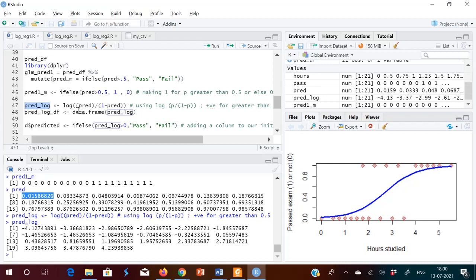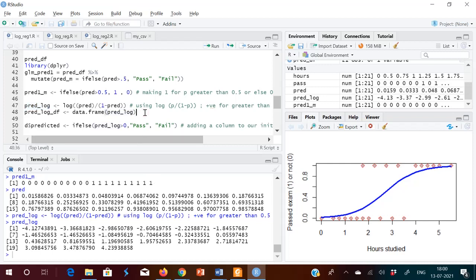So here I am going to calculate using the log. PRED underscore log has some negative values and positive values. Negative values correspond to all p values less than or equal to 0.5, and positive values mean the p values greater than 0.5.